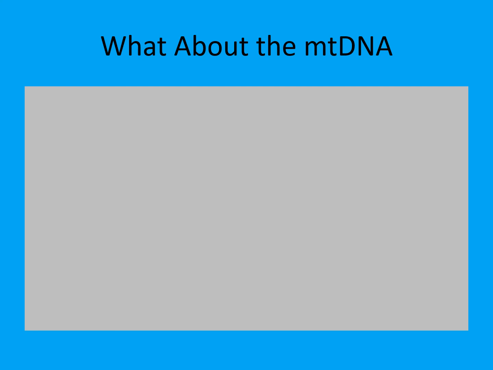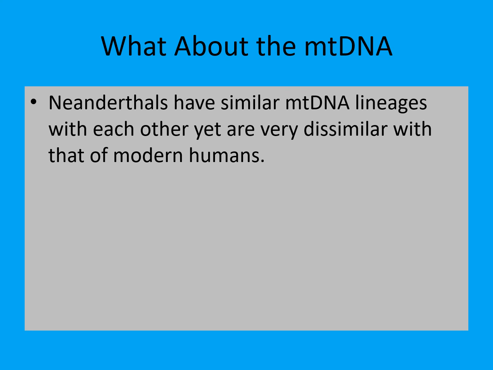So one interesting piece of evidence that we don't really have a good explanation for: you may be asking, if we can trace all of the mtDNA for all modern humans back to Africa, why don't we just do the same thing for Neanderthals? Well, it's interesting because Neanderthals have similar mtDNA lineages with each other, yet they are extremely dissimilar with that of modern humans, right? Just another piece of evidence saying that they evolved out of a completely separate lineage.